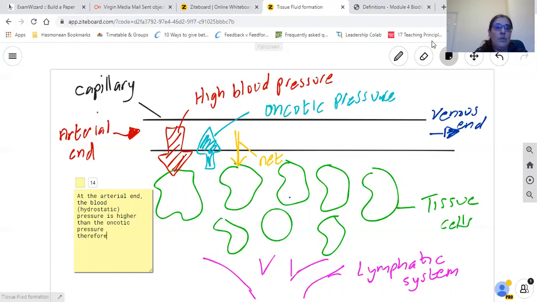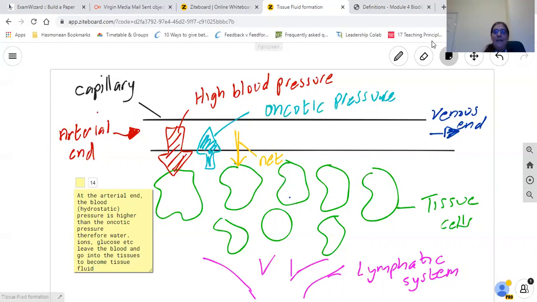Therefore, fluid, or water, ions, glucose, etc., leave the blood and go into the tissues to become tissue fluid.